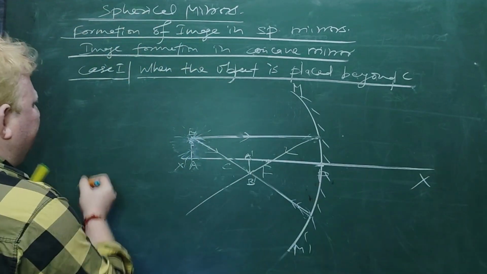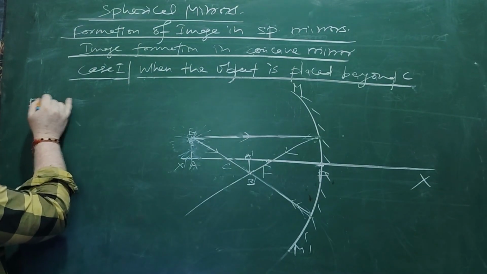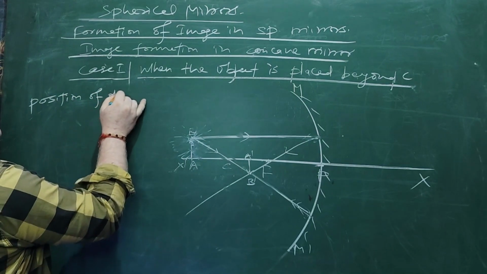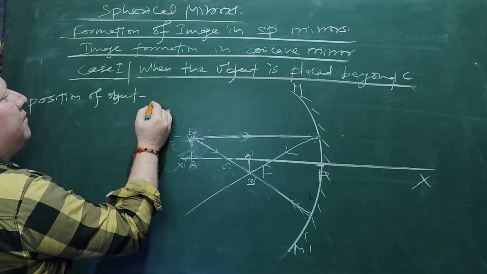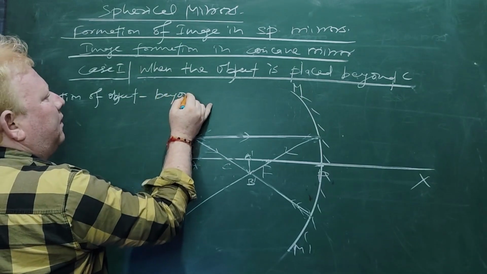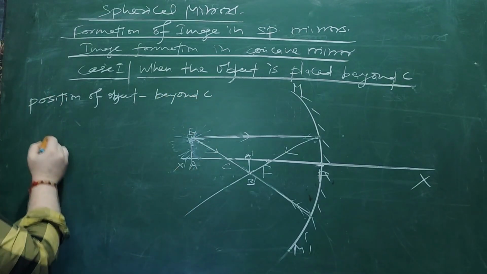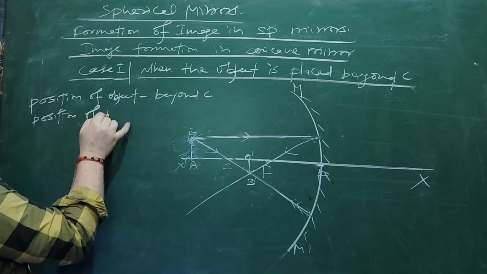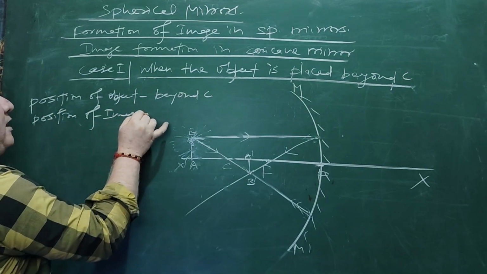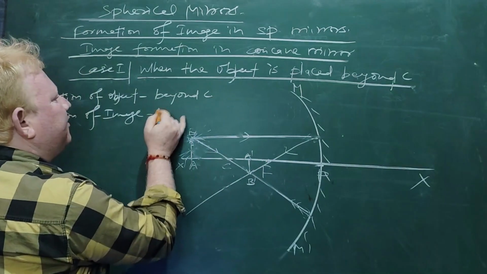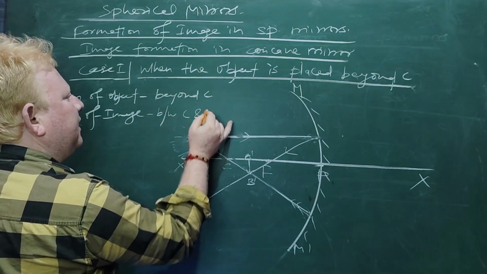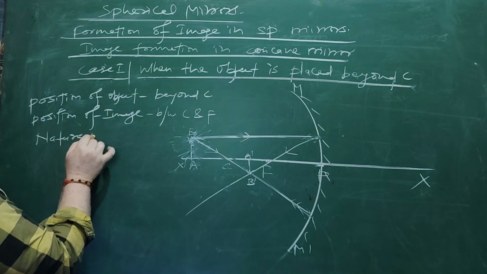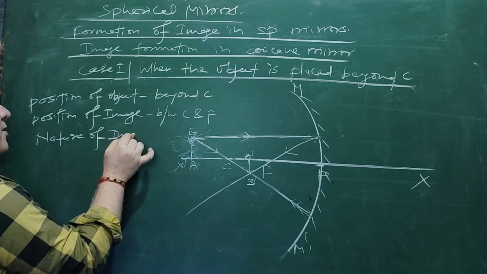So I will write here position of object. So what is the position of object, बच्चों? Beyond C. And what is the position of image? Between C and F. And what about the nature of image?